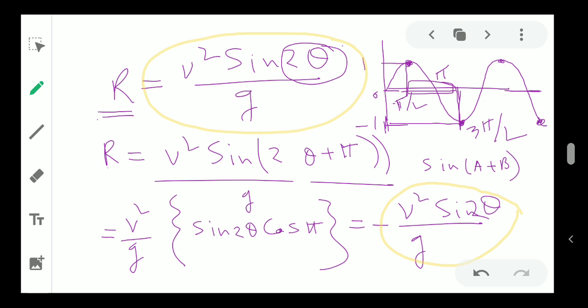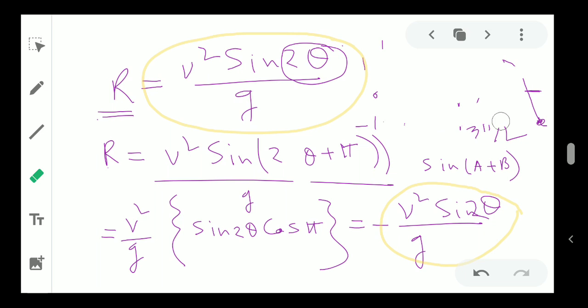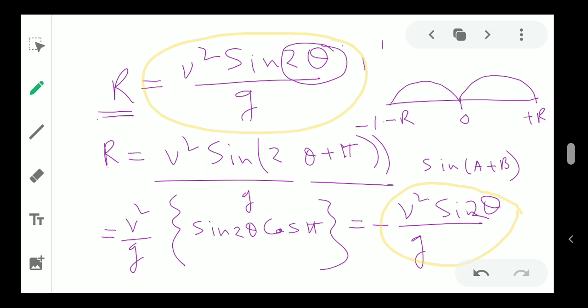Why is the minus there? Because of the situation, if you talk about the real situation that you are seeing, this is my initial position. If this motion is my plus r, the range, then this motion is taken as minus r, that means it is in the opposite direction.